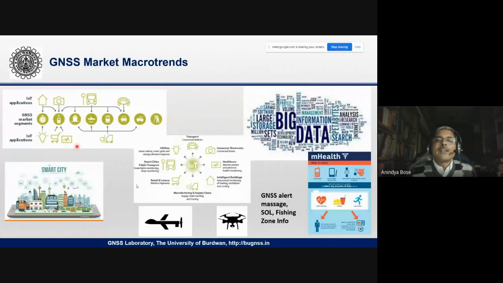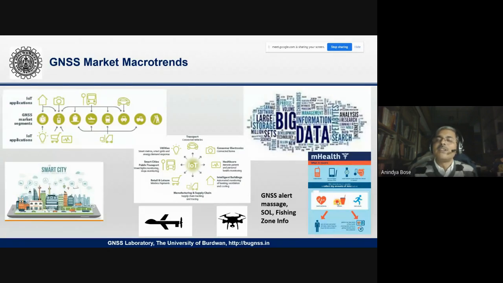What are the market macro trends? Smart cities, utilities, transport, connected devices, consumer electronics, healthcare, intelligent buildings, manufacturing and supply chain, retail and leisure, along with drones and UAVs. So a huge market is there. For example, mHealth, if time permits, in the next slot I will talk about mHealth, which is a game changer.